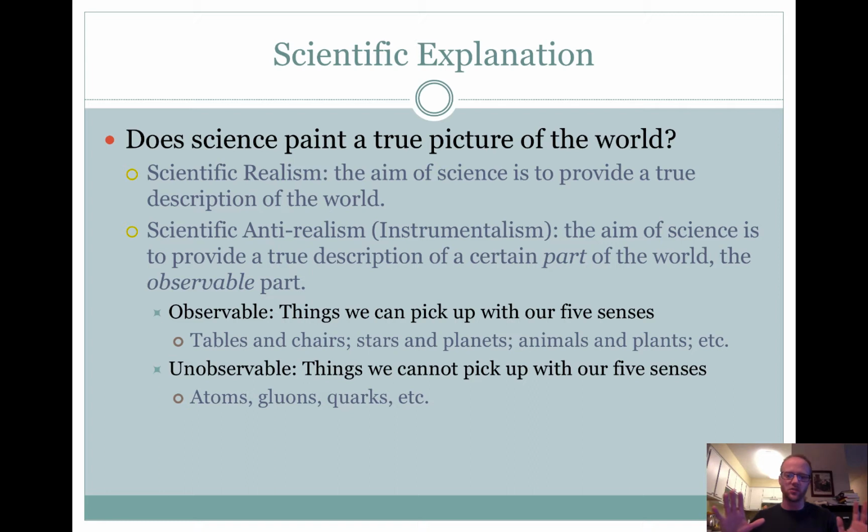Do they really exist? No, but they help us predict some things, so they're instrumental in that way. They're useful. That's what instrumental means. So instrumentalism is the view that at the realm of the unobservable, what science says is strictly speaking false, but the falsehoods it tells us are useful fictions, instrumental. Okay.